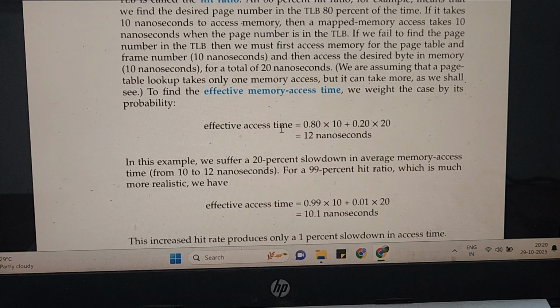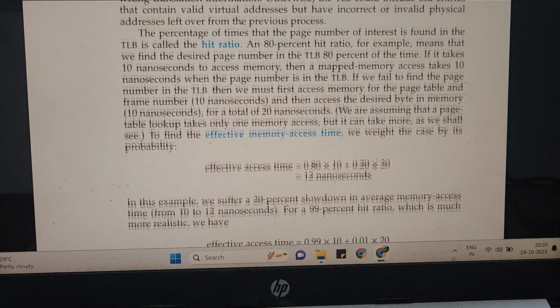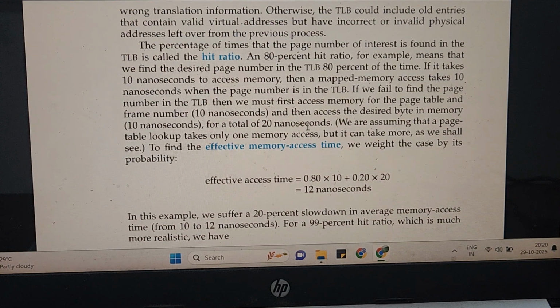So effective memory access time basically is how much time you need from the time your logical address is generated to the time your physical address is generated, right? So how much time is needed to translate the logical address to the physical address.